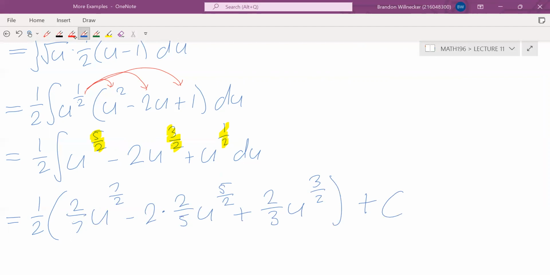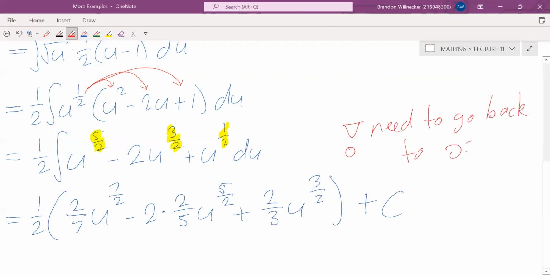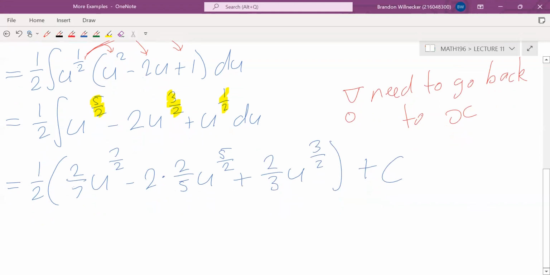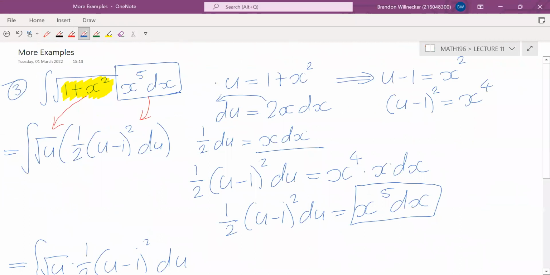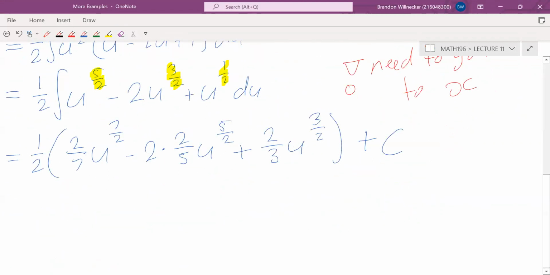Remember, we need to go back to x. So wherever we see a u, we need to replace it with 1 plus x squared, because that is what we had over here. Wherever we have a u, we replace it with 1 plus x squared, because that's what we defined right at the beginning.